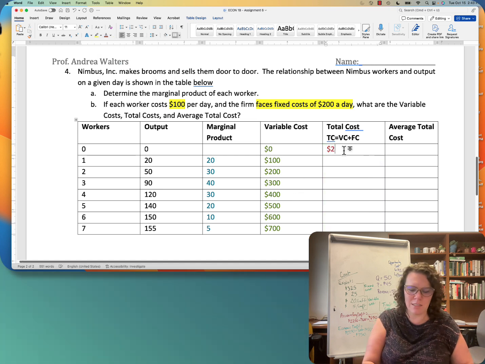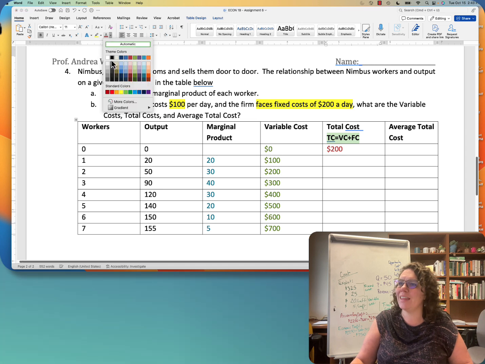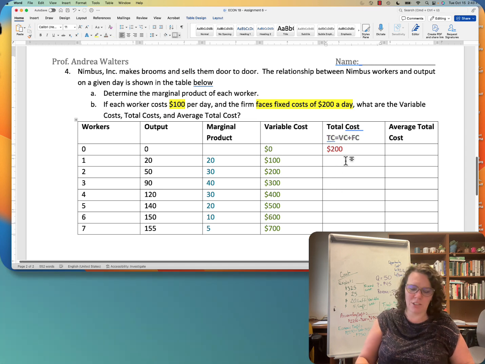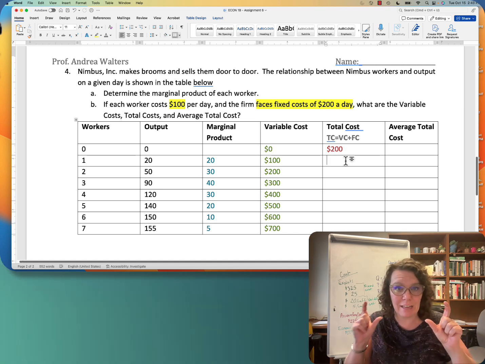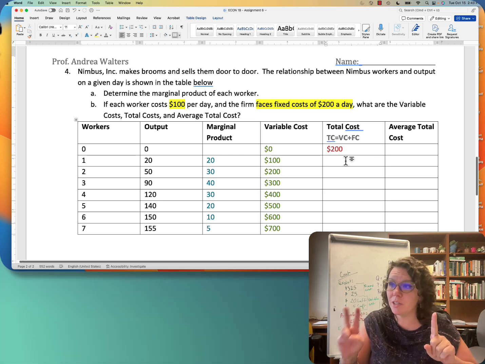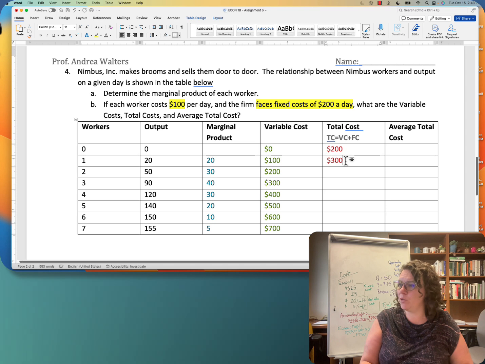So my total cost is going to start at $200 even if I'm not doing anything else, right? But once I start hiring workers, I'm going to have to pay those variable costs plus that fixed cost. So 1 worker for $100 plus $200 for my fixed cost is going to give me a total cost of $300. And then it's just going to keep going, right?